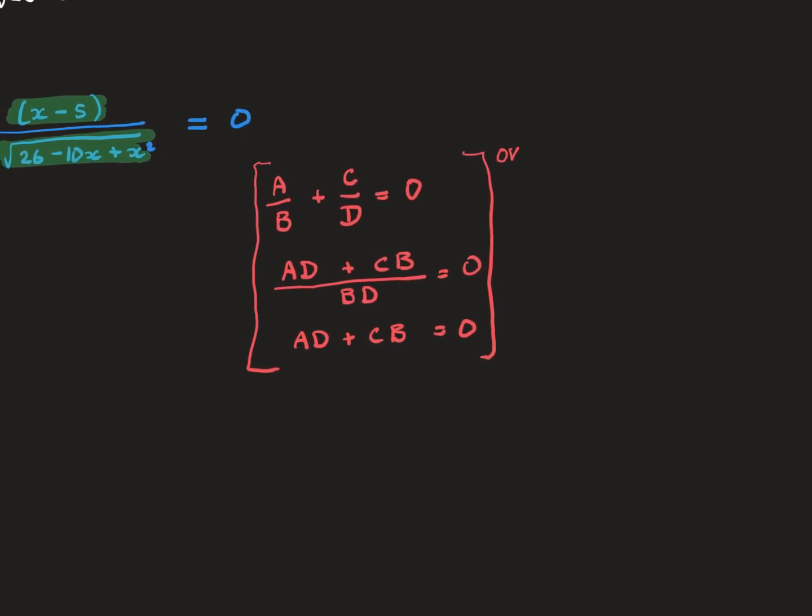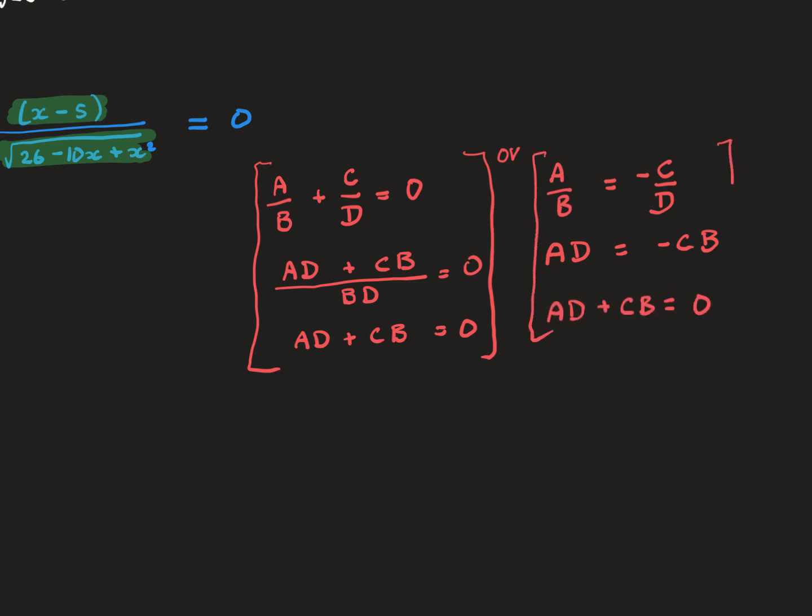We could do it like this. We could say that A over B is equal to minus C over D. This way we won't have a common denominator, and we can just multiply the A and the D together and the minus C times B together, and we're really back again to the same answer as we were with the very first one.